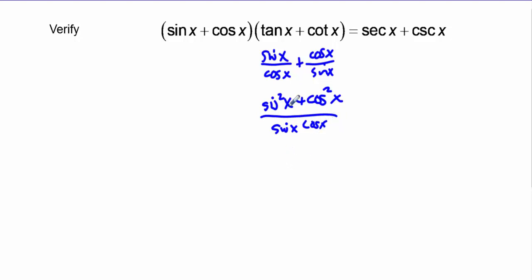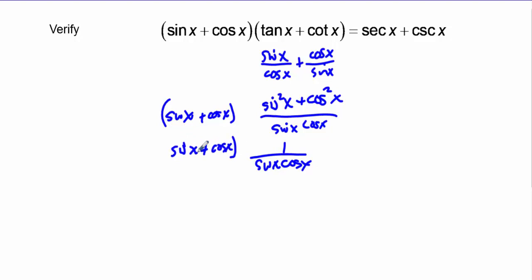You'll notice that's a 1. So I have 1 over sine x cosine x, and this is sine x plus cosine x.